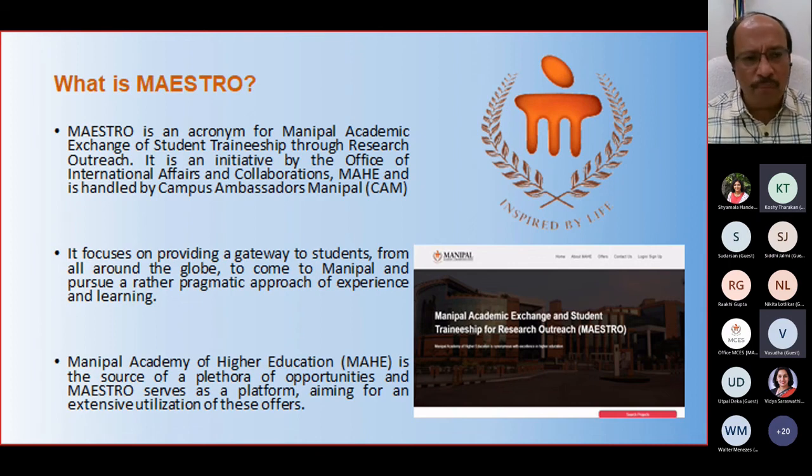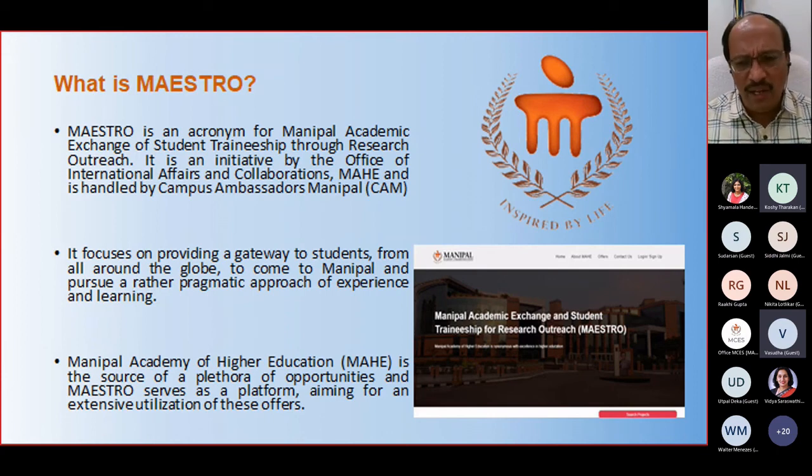But this particular portal, which is created by CAM students and maintained by them, it will allow all faculty and researchers of MAHE to put their requirement into this portal. So at a given time now, around 500 plus internship opportunities are readily available in this portal. So this is unique in the country, and we tried and it is successful.